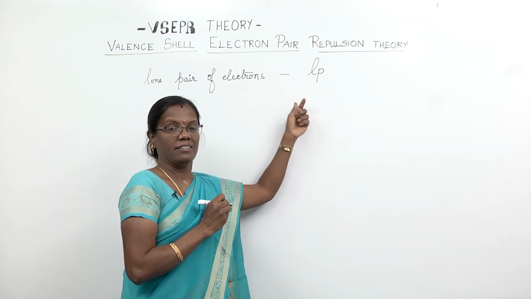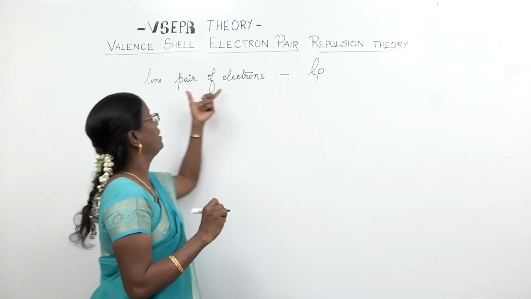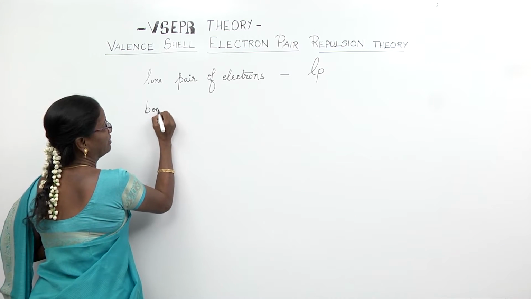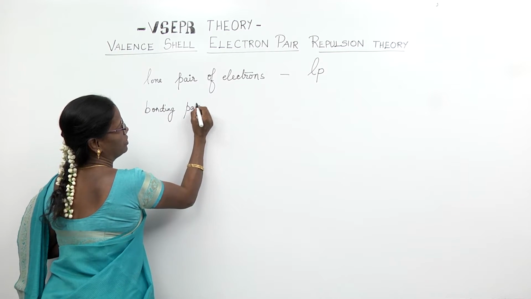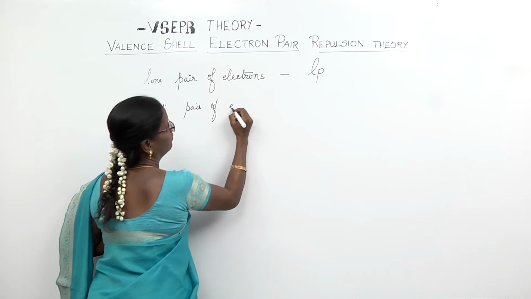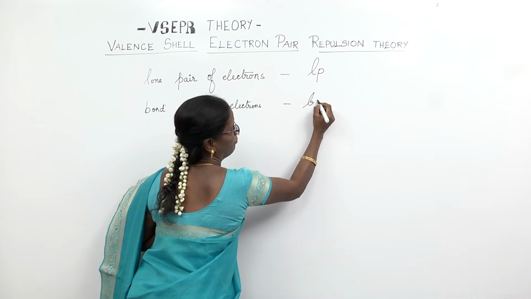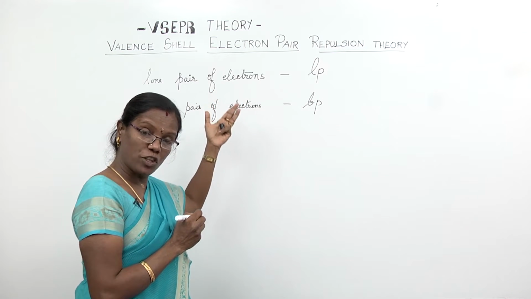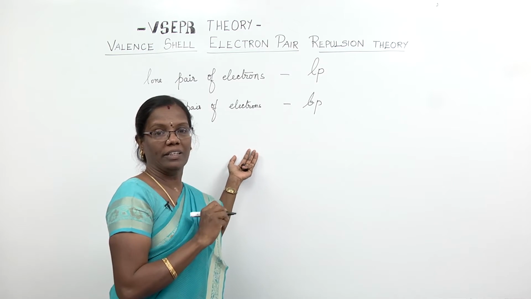The electrons which are not involved in bonding are called lone pairs of electrons. And a bonding pair, or bond pair, both are the same. A bond pair of electrons can be simply denoted as BP. So these 2 types of pairs of electrons are present in a molecule.